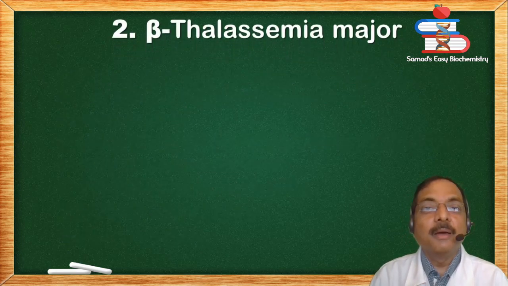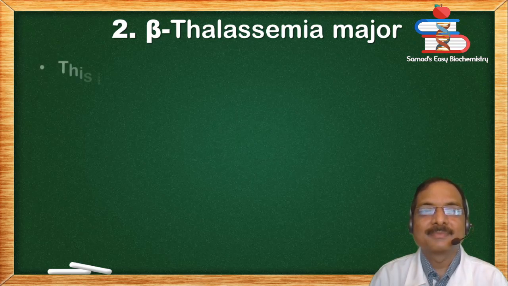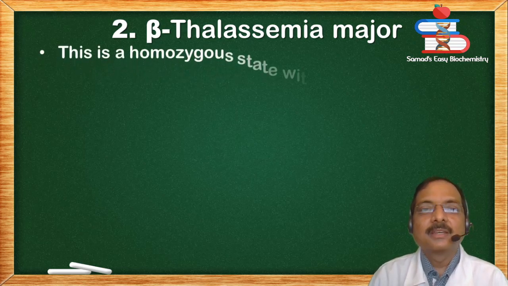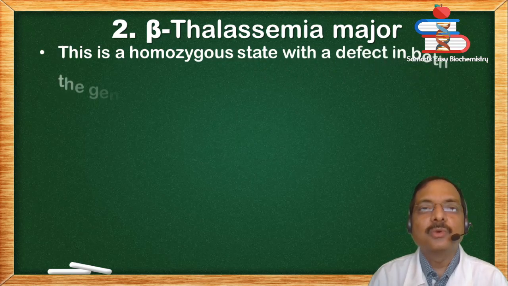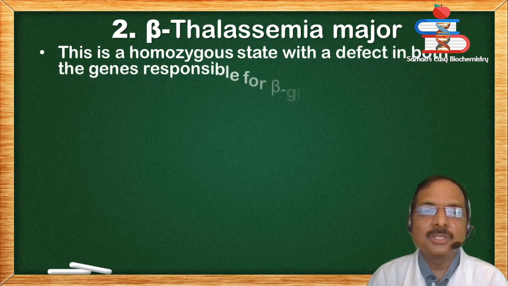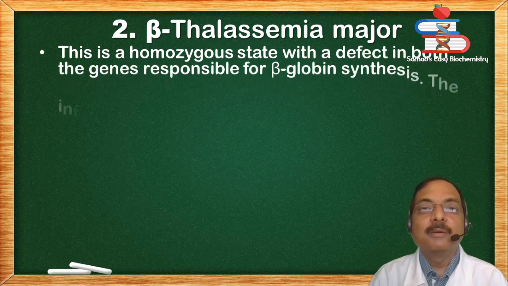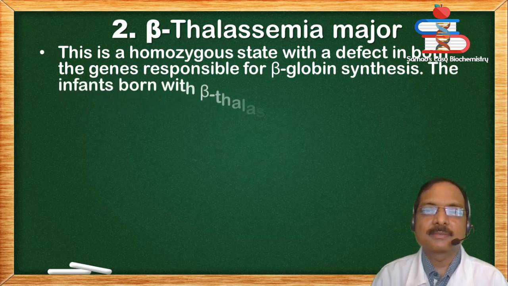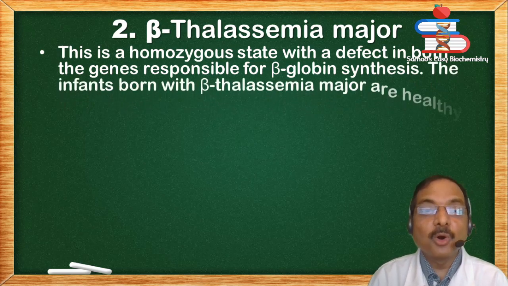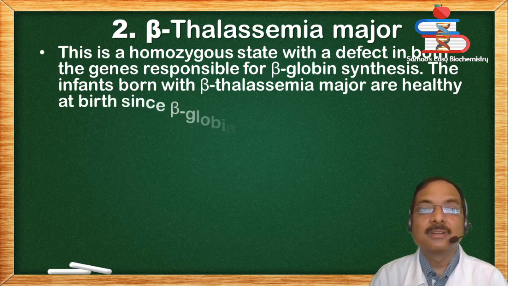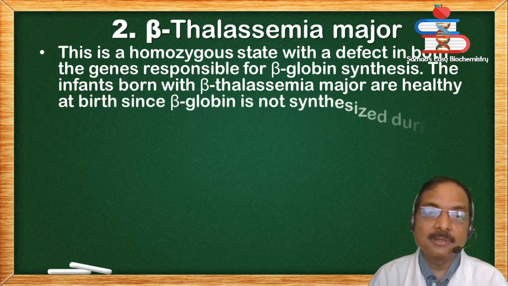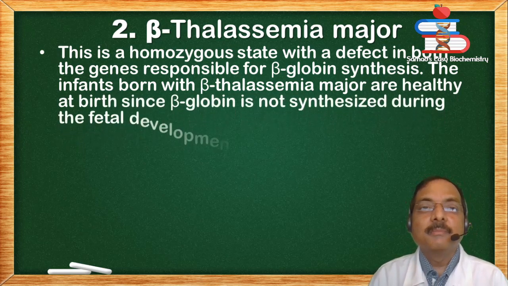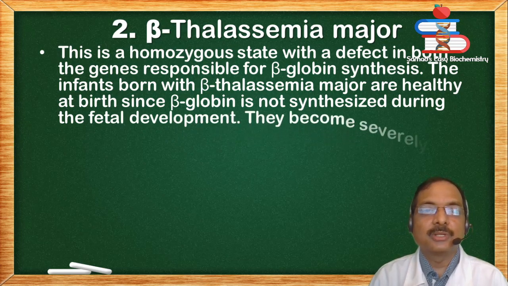Number 2, beta-thalassemia major. This is a homozygous state with a defect in both the genes responsible for beta globin synthesis. The infants born with beta-thalassemia major are healthy at birth, since beta globin is not synthesized during the fetal development.